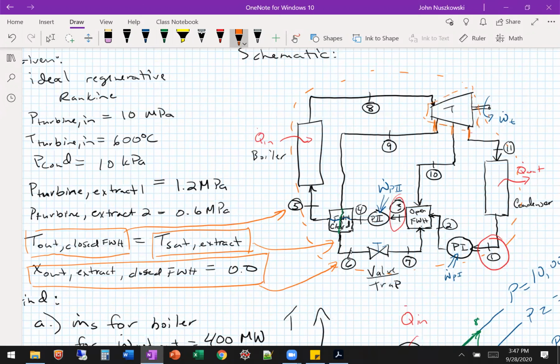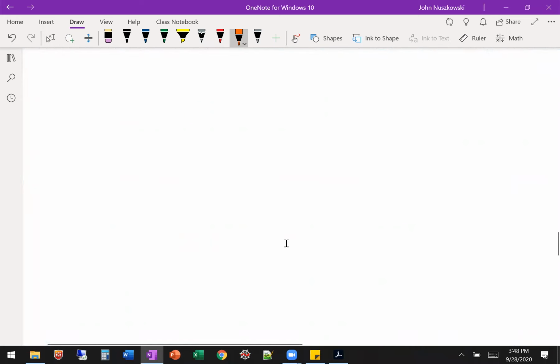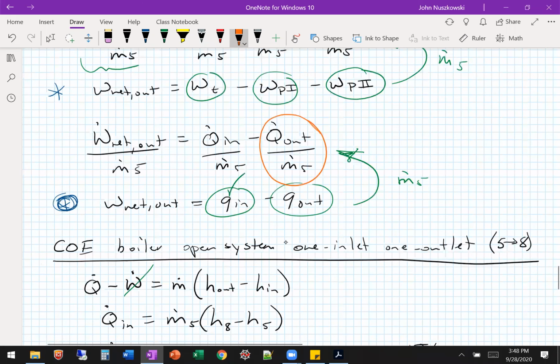This is where that whole mass flow rate coming in at 5 and 8, which is the whole thing, like a 1, gets split, where we have a fraction y coming off, fraction z, and then we have a fraction 1 minus y minus z at 11. And we can see that by doing the conservation of mass on the turbine.